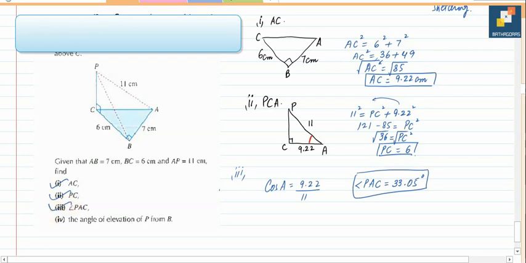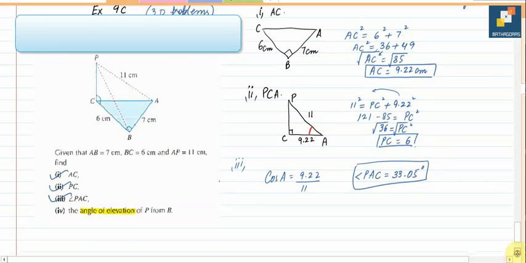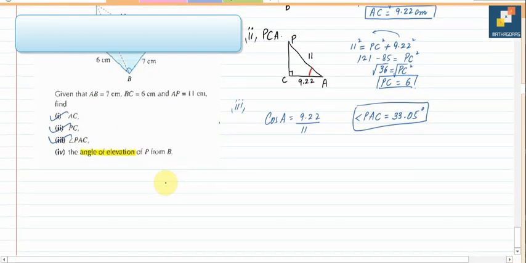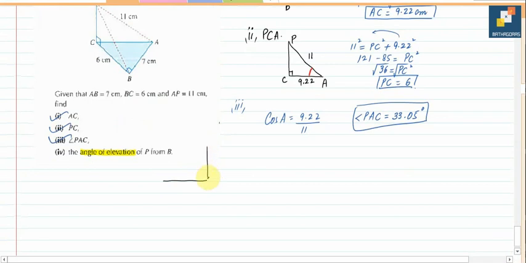Last part, the angle of elevation of P from B. Now what is the angle of elevation? The angle that is made from the bottom to the top in a right angle triangle, that is your angle of elevation.